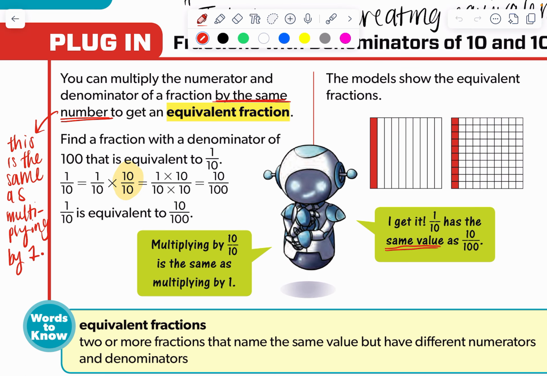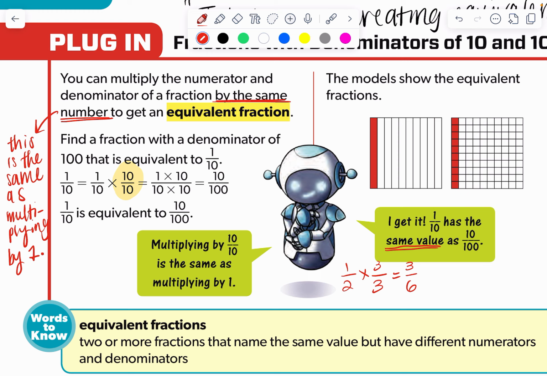And so it is important to know here that you can multiply the numerator and the denominator of a fraction by the same number to get an equivalent fraction, right? So if I am starting with the fraction 1/2, if I multiply 1/2 by the same number, let's say 3/3, I will get an equivalent fraction of 3/6.